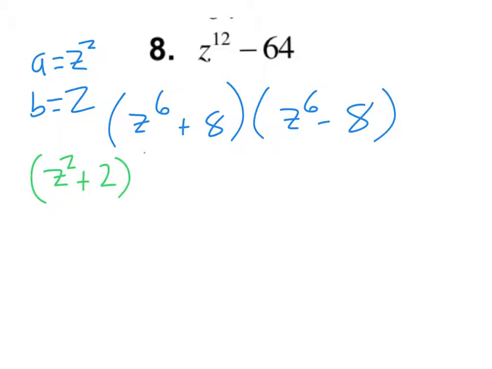So this is a squared. So z squared squared is z to the 4th minus ab. So that's 2z squared plus b squared is 4.